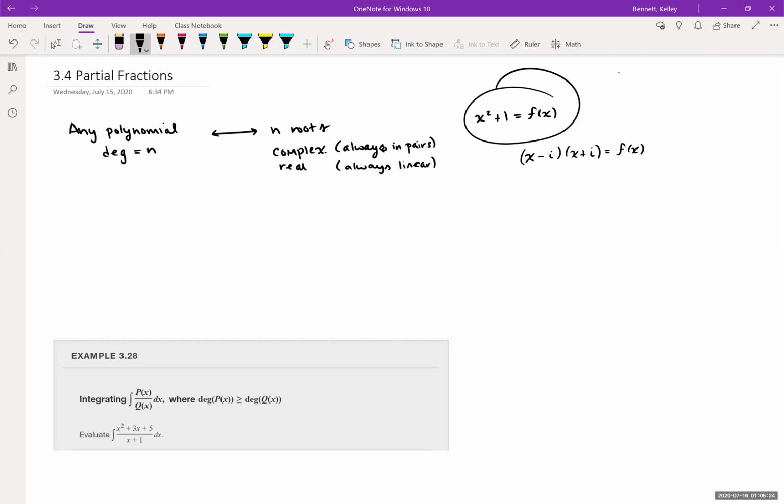But to break it down into the world of real numbers, polynomials always factor into, handwriting is not great today, they always factor into products of linear and irreducible quadratics.